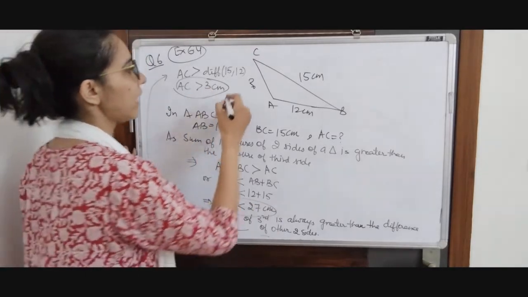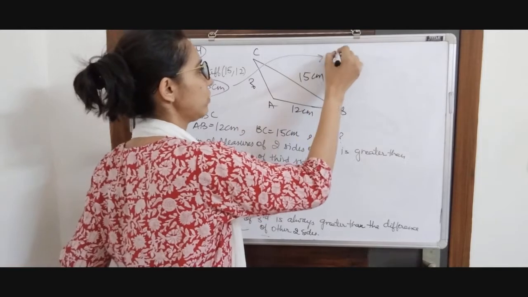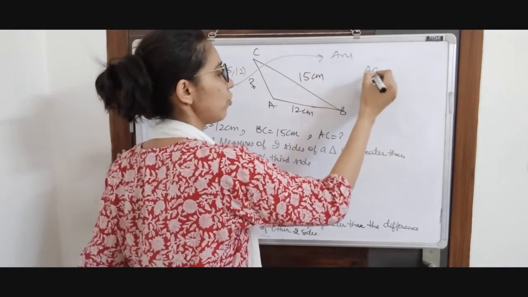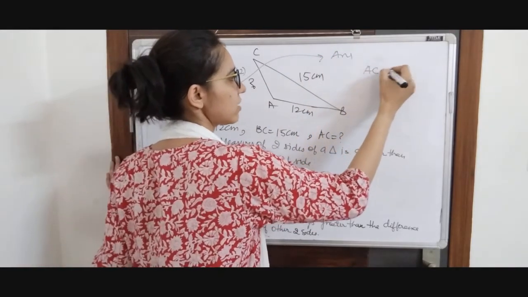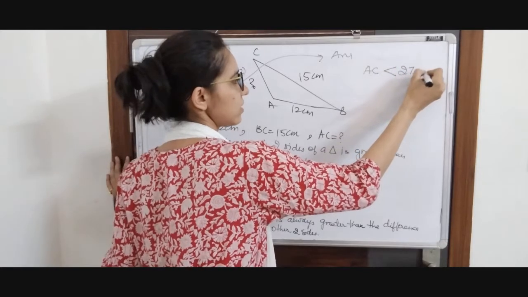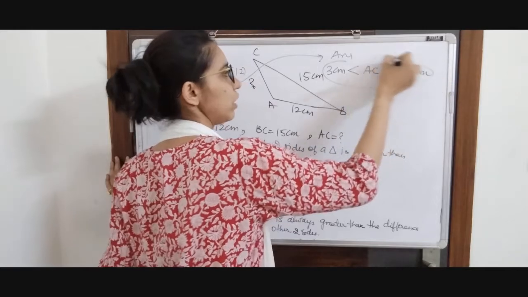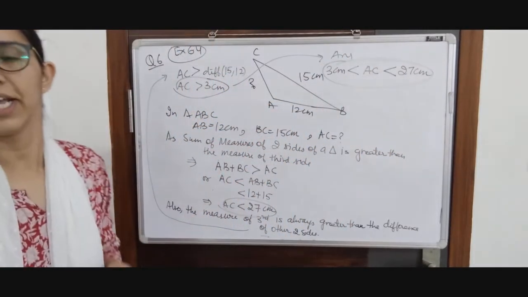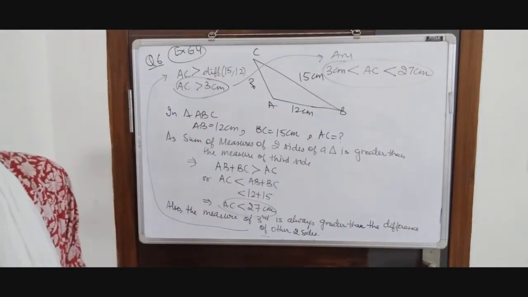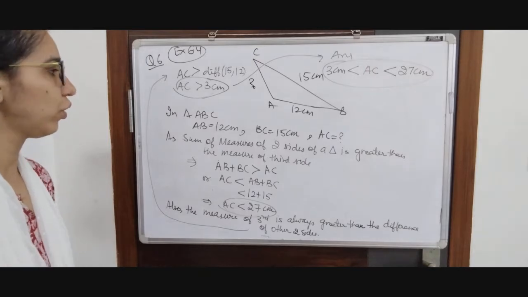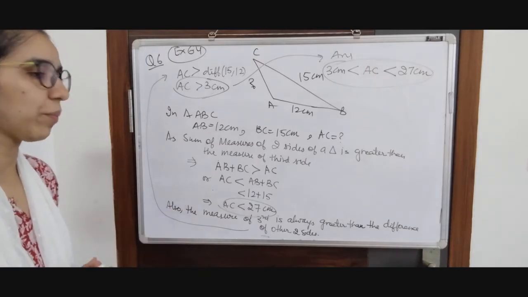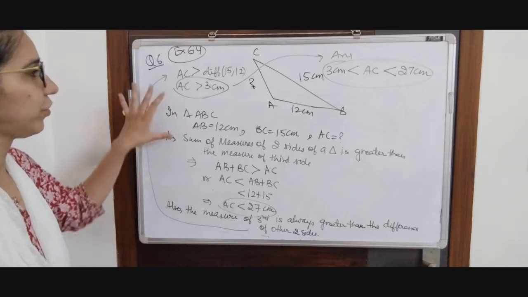So your answer is going to be this: your AC, or you can say the third side, is less than 27 centimeter and greater than 3 centimeters. So this is going to be the range of your third side, that is AC. You will find a lot of questions related to that in your competitive exams. I hope this is clear to you.